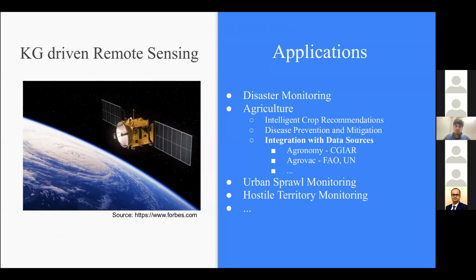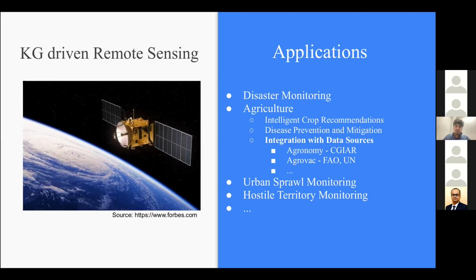Disaster monitoring is of course a great application wherein the context plays a significant role, right? And then there is agriculture. In agriculture too, we foresee numerous applications coming out of knowledge graph driven remote sensing, wherein intelligent crop recommendations, disease prevention, mitigation, and most importantly, integration with numerous data sources can be achieved if the domain of remote sensing is driven by knowledge graphs.